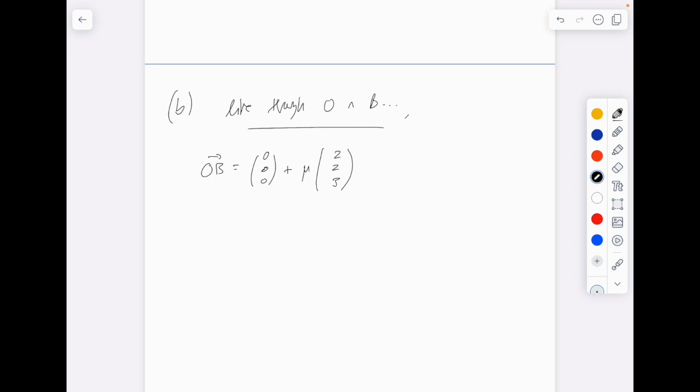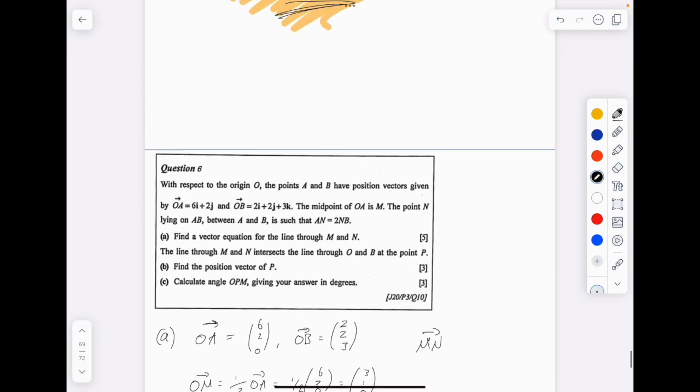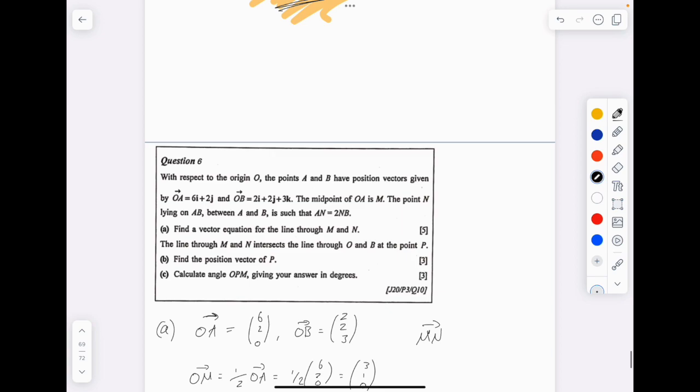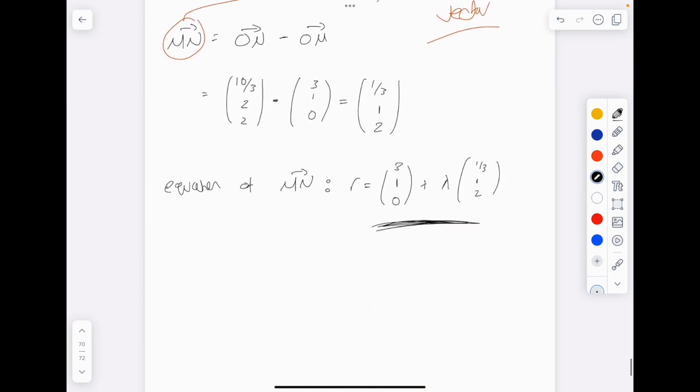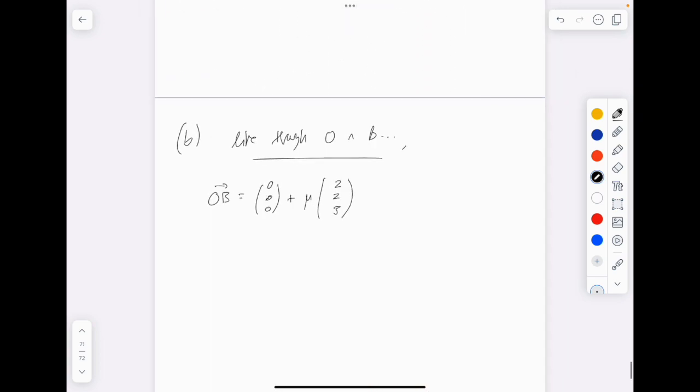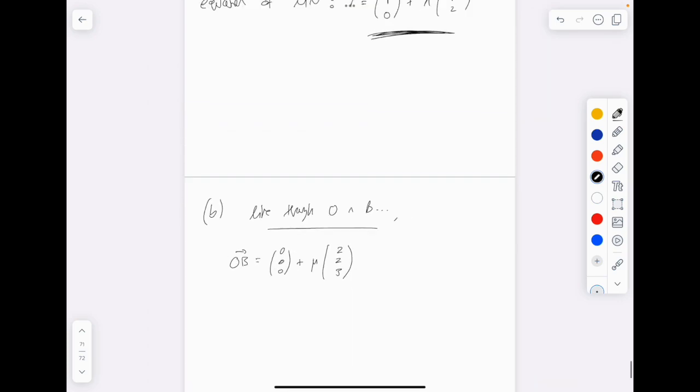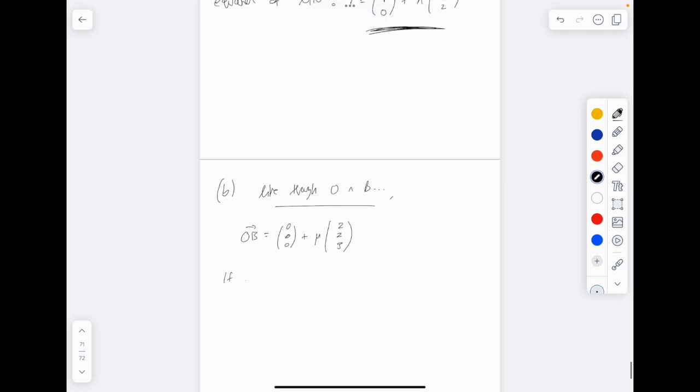Fine. So given the line it intersects, we have to do an intersection between MN and OB. So if MN intersects OB, what do we say?